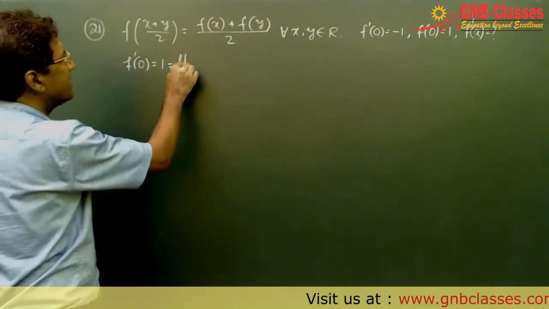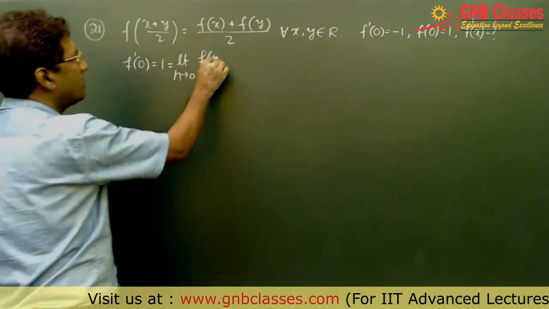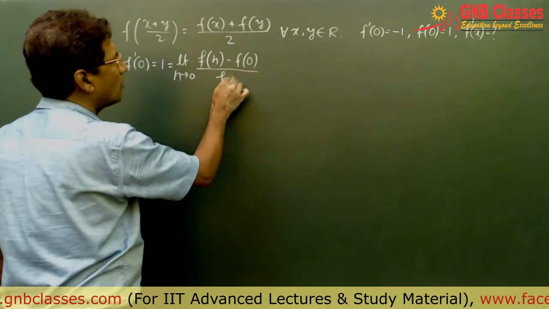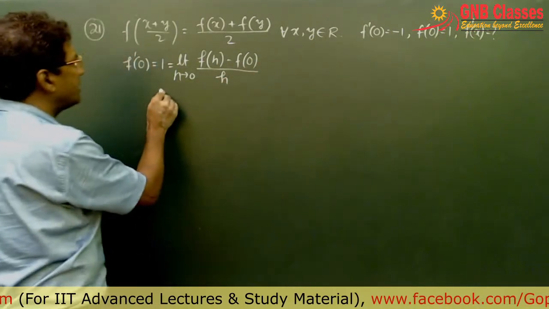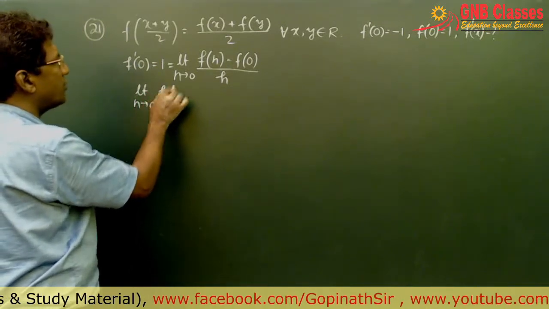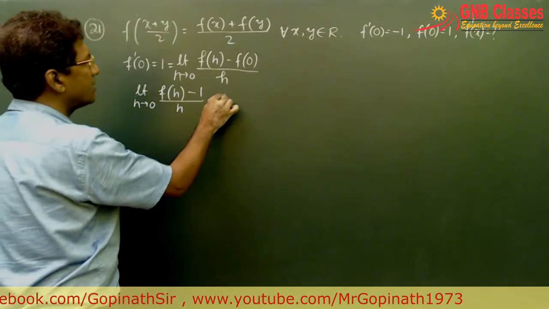It implies limit h approaches 0, f of h minus f of 0 divided by h. Now f0 is nothing but 1, therefore limit h approaches 0, fh minus 1 by h is nothing but minus 1.